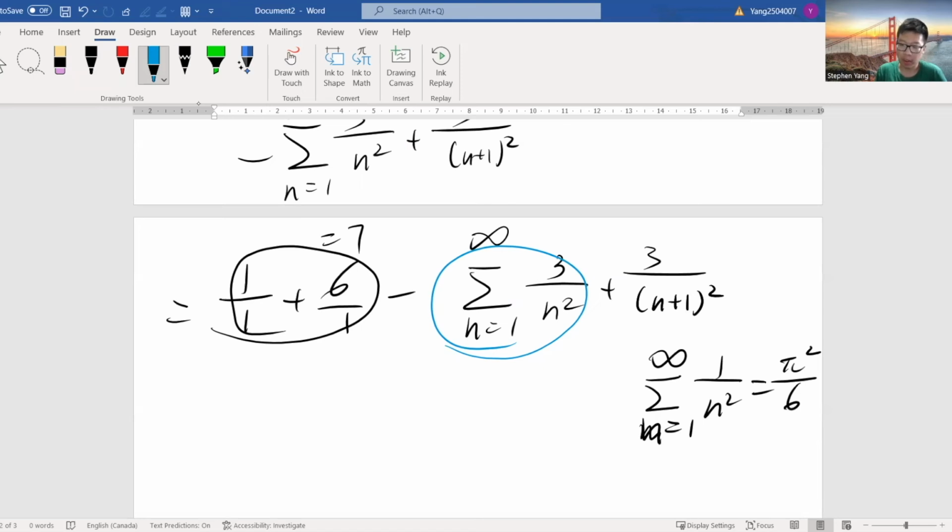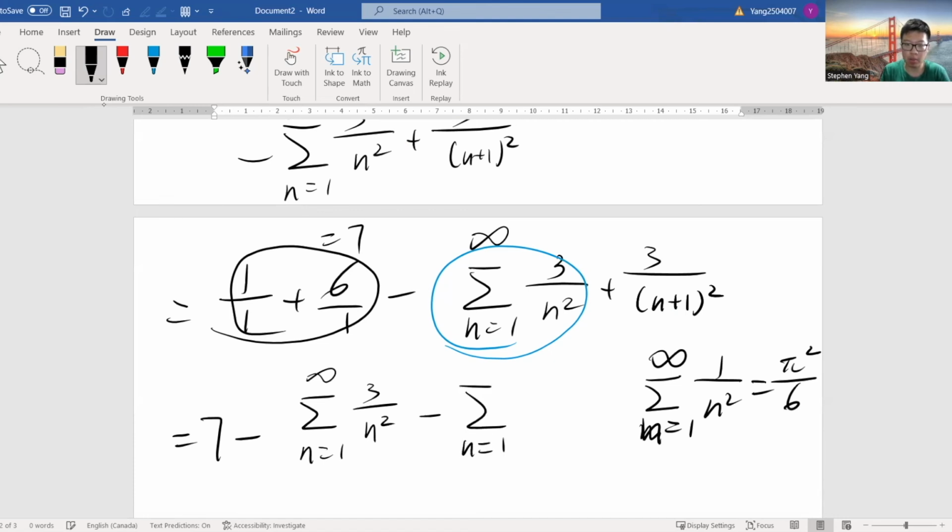For the second part, we're just missing the first term, because the series starts from 1 over 1 plus 1 over 4 plus 1 over 9, but the second sum starts with 1 over 4. So this is equal to 7 minus the sum from n equal to 1 to infinity of 3 over n squared minus the sum from n equal to 1 to infinity of 3 over (n plus 1) squared.